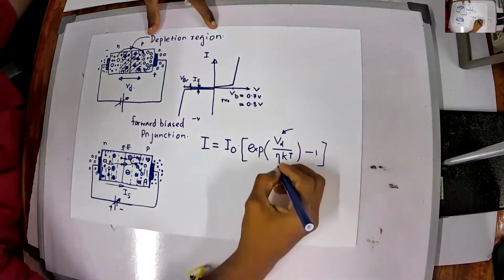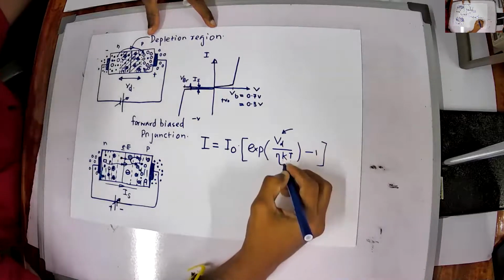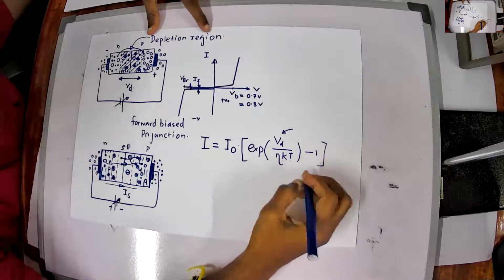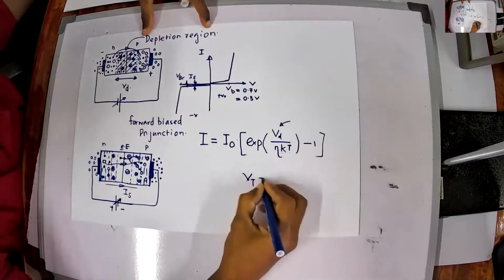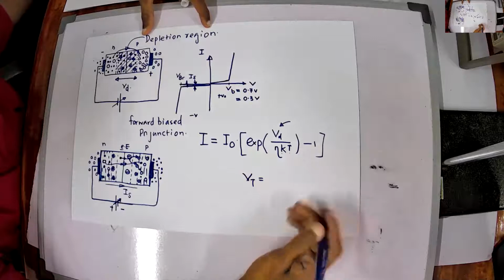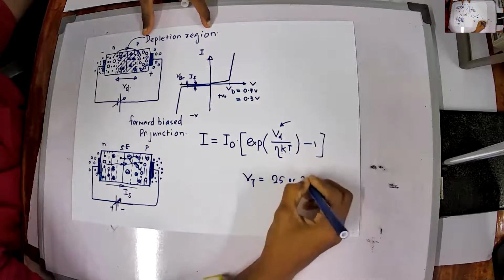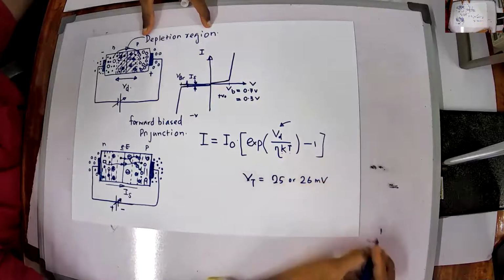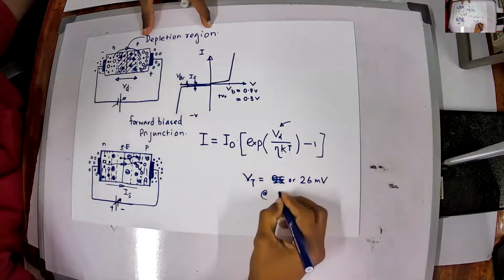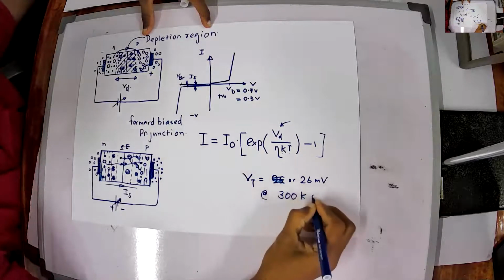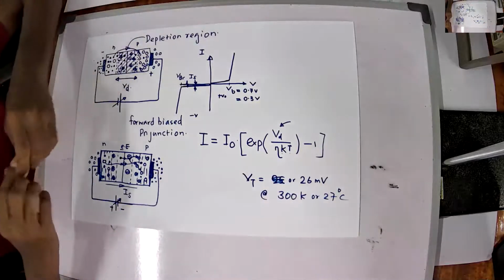K is the Boltzmann constant, T is the absolute temperature, and we can write KT as V_T, the temperature equivalent of voltage. So this will be around 25 or 26 millivolt at 300 Kelvin, or 27 degrees C.